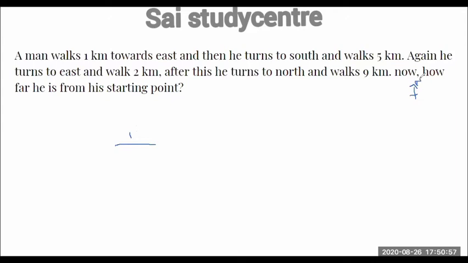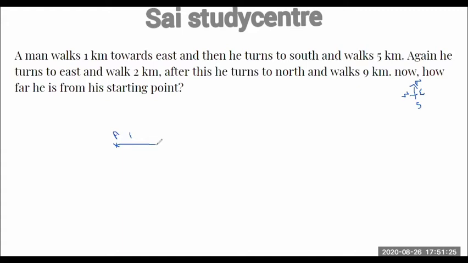This is your north, this is your south, this is your east, and this is your west. At least the primary directions, just like in map drawing, you put those directions. So this is the starting position. From this position, person A started to walk towards the east, up to 1 kilometer.